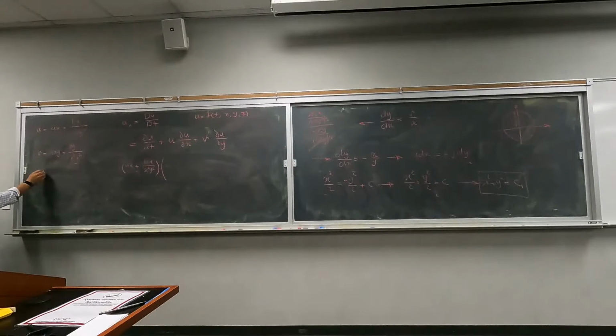The derivative of u with respect to x is going to be equal to the derivative of this first term with respect to x, which is a, plus the derivative of this ratio with respect to x.